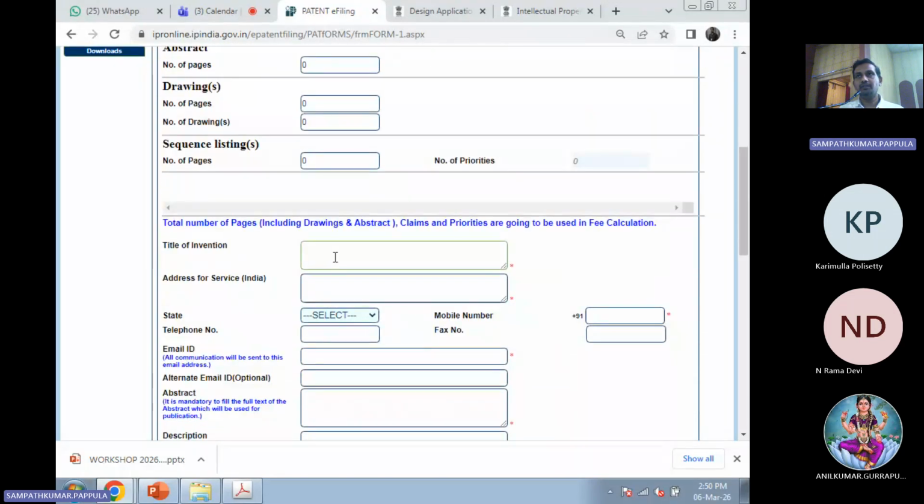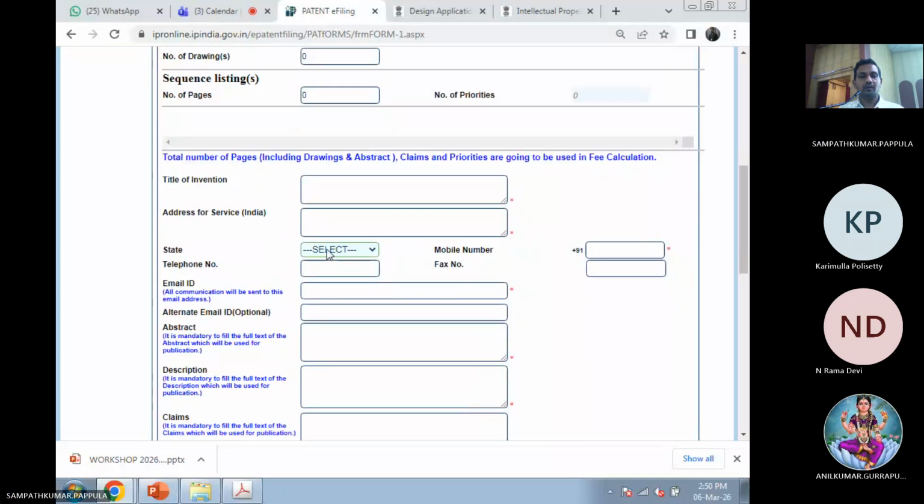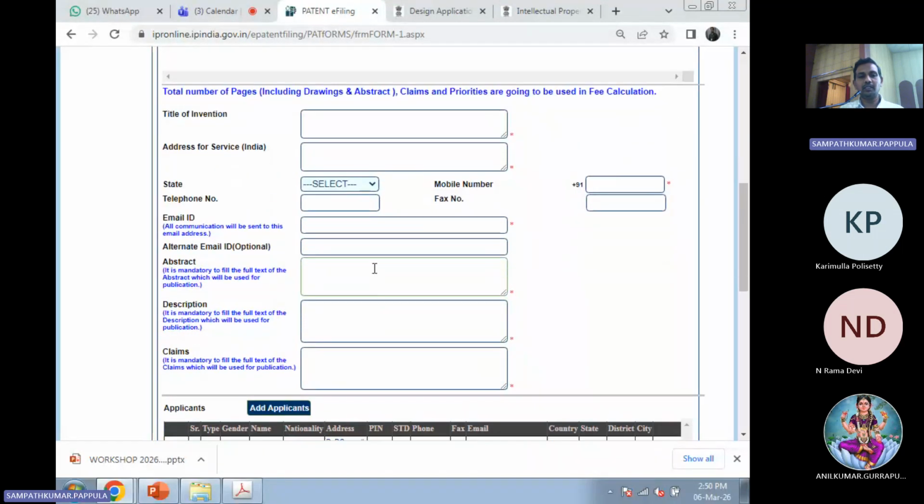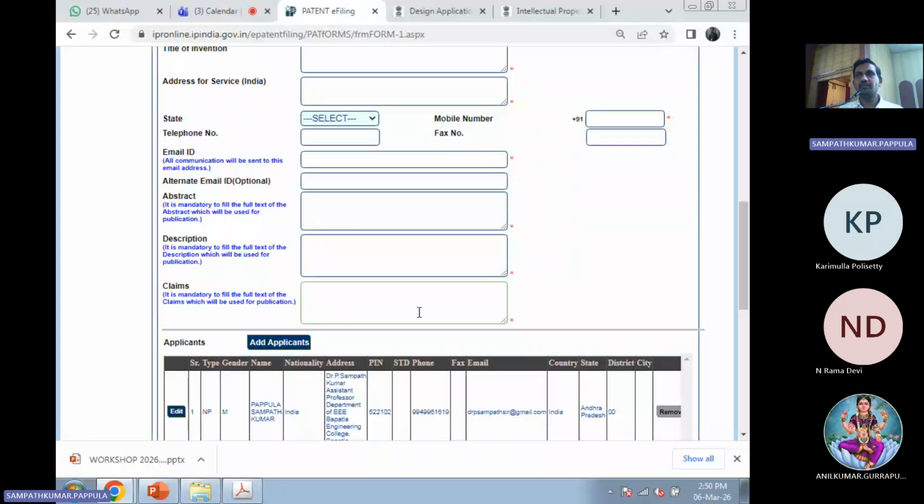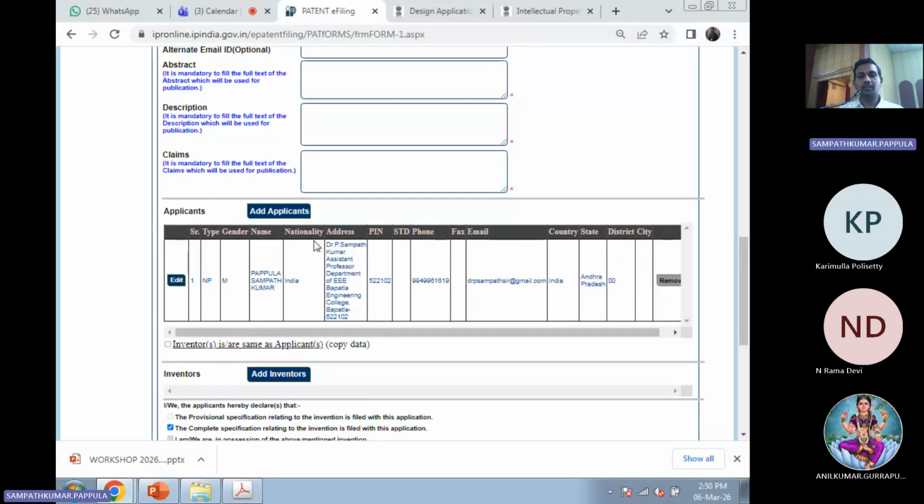Title of the invention, your title, and address for service in India, and state. You need to select the state and give your details: telephone, mobile, email ID, alternative mail ID, abstract, descriptions, and your claims. After that, you need to enter your applicants.